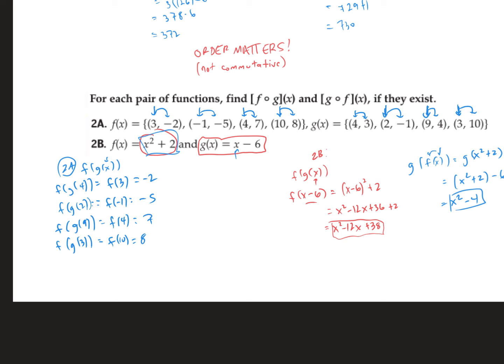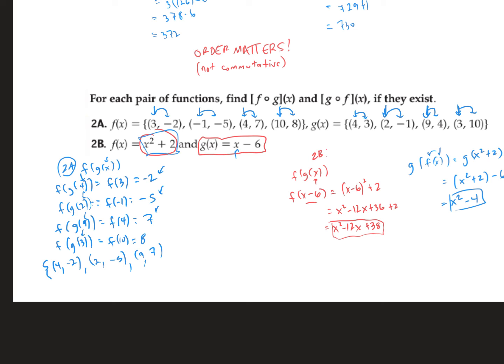So essentially, my f of g of x would be the set of points I just created. I started with 4 and got -2. Started with 2 and ended up with -5. Started with 9 and ended up with 7.